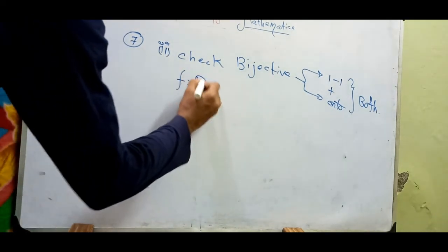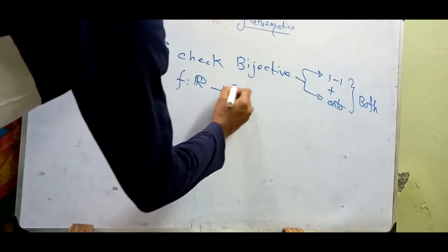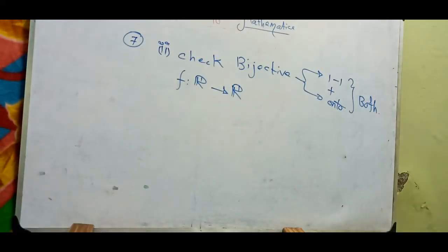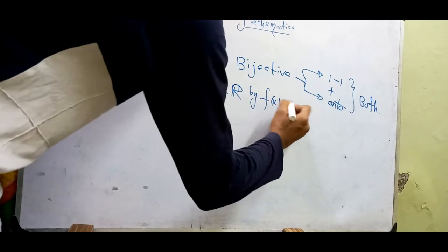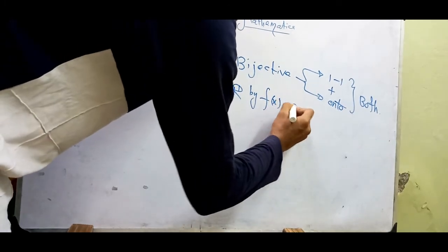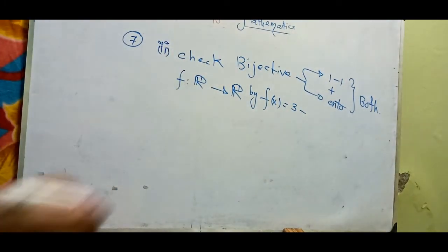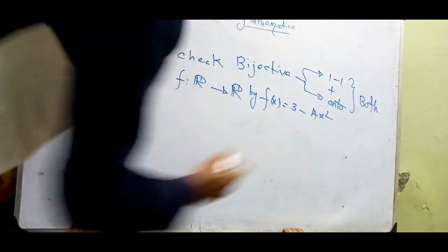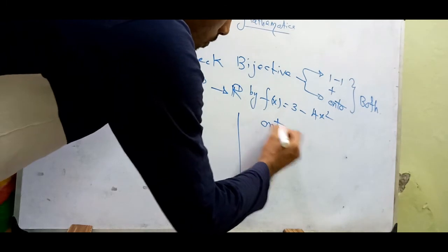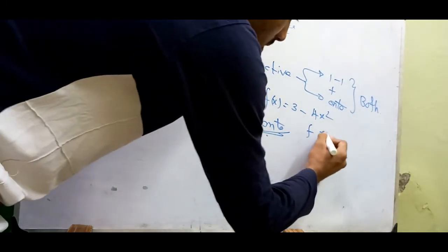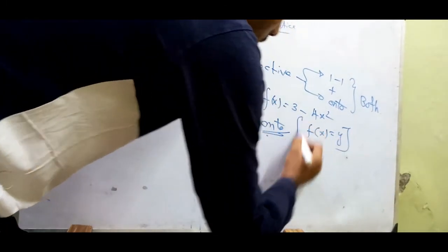The question I have taken is the second question, and it says f is a map from real numbers to real numbers defined by f of x is equal to 3 minus 4x square. First we have to check for 1-1, then we have to go for onto. The onto condition is f of x is equal to y.